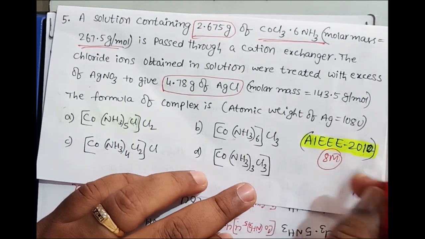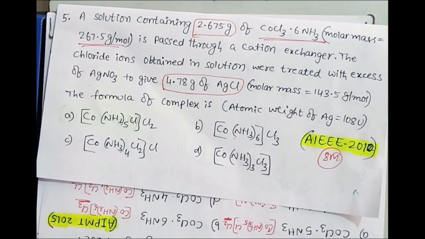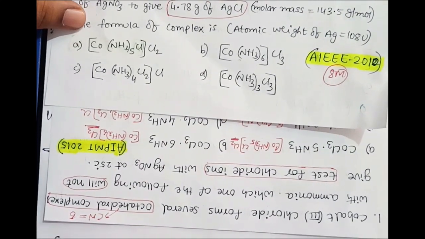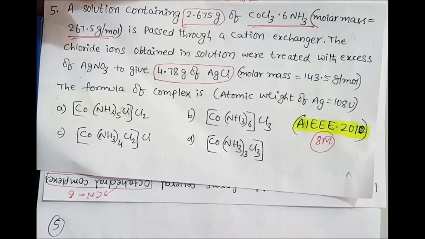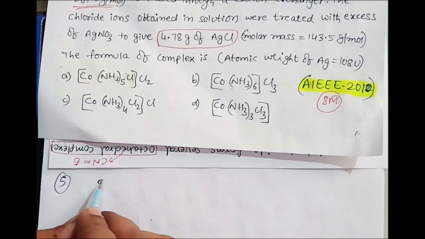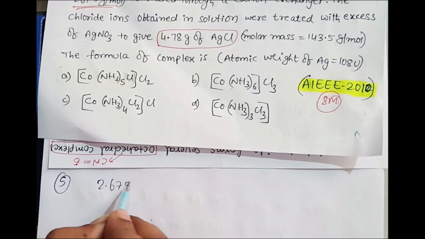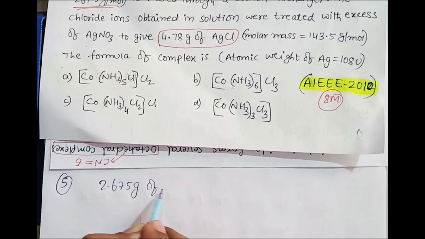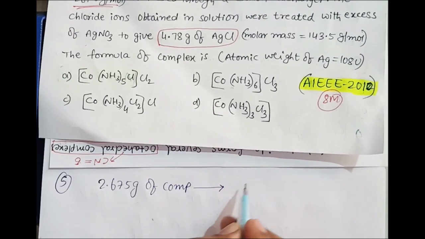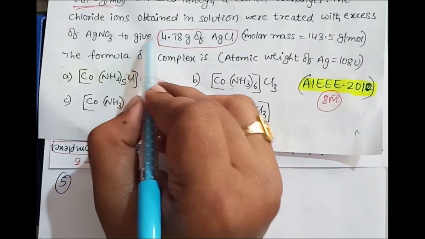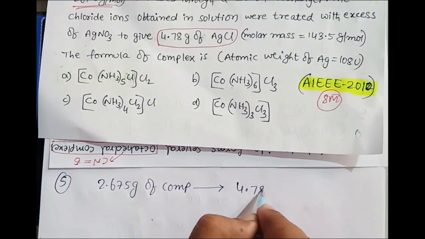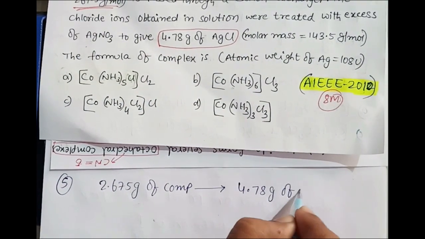Very easy question, so let us solve it. First write the given data: 2.675 gram of compound gives chloride ions when passed through the cation exchanger, and these give 4.78 grams of AgCl.